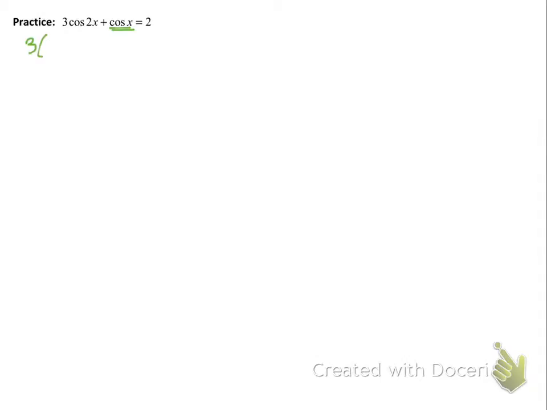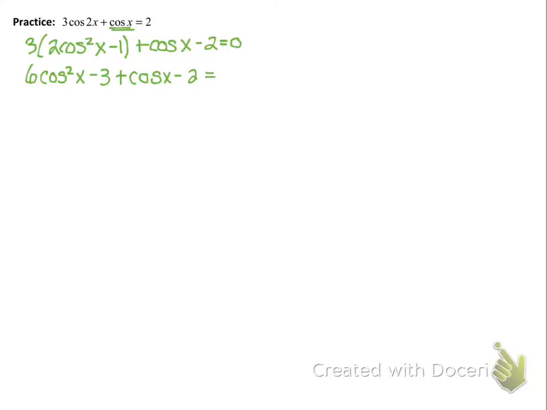So we have 3 times 2 cosine squared x minus 1 plus cosine x, and then I can subtract that 2, distribute the 3, and add like terms. I get 6 cosine squared x plus cosine x minus 5.